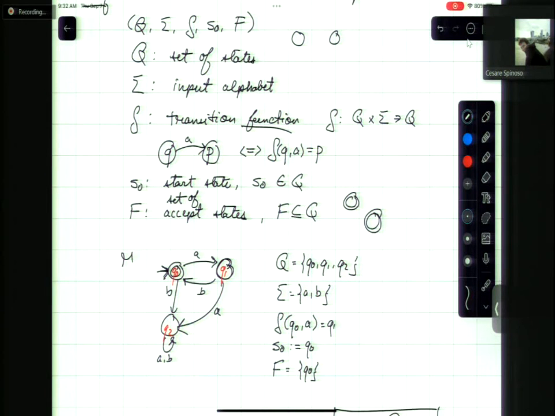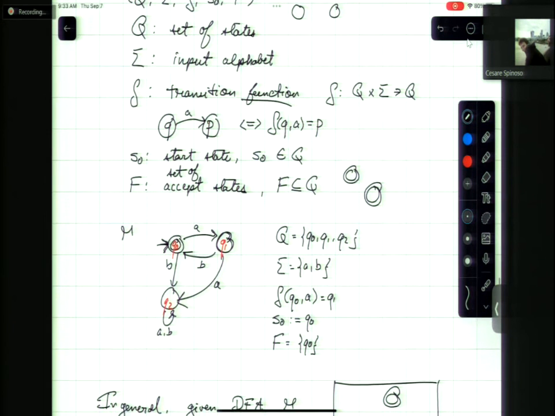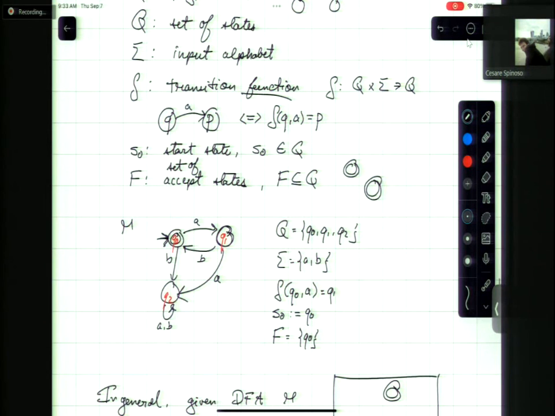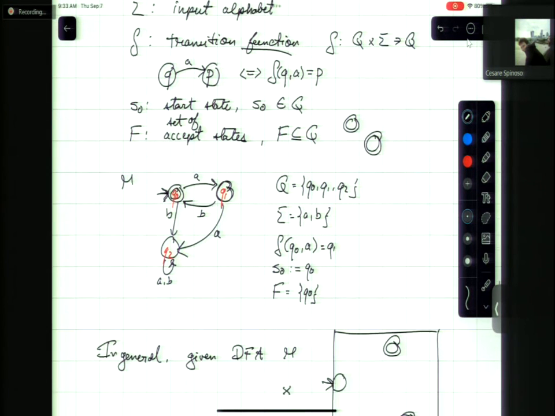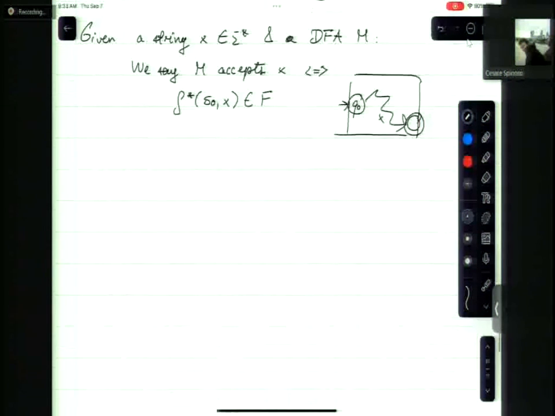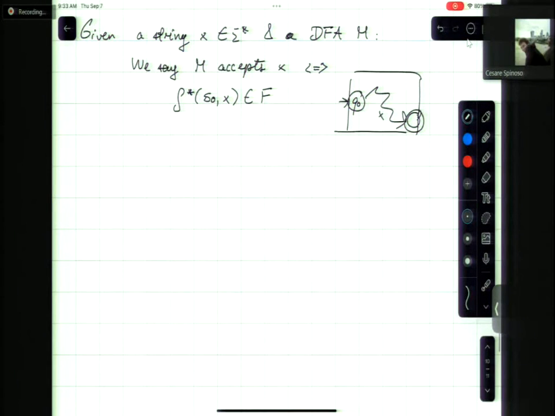You have a finite number of states, so you have a finite number of accept states, because F is a subset of Q. Absolutely.